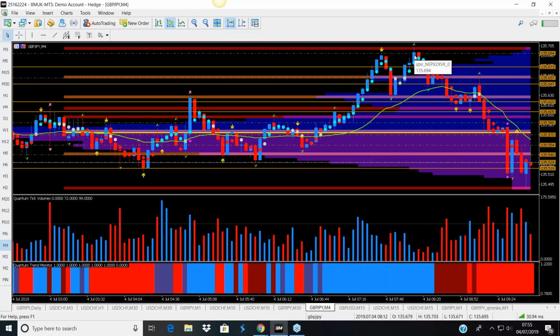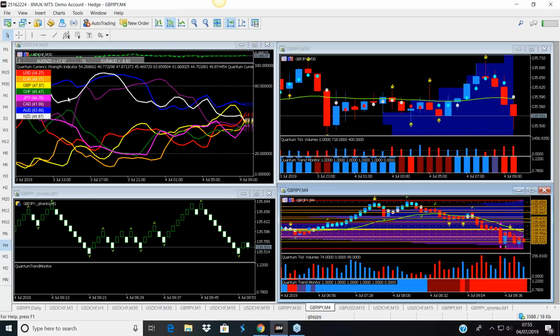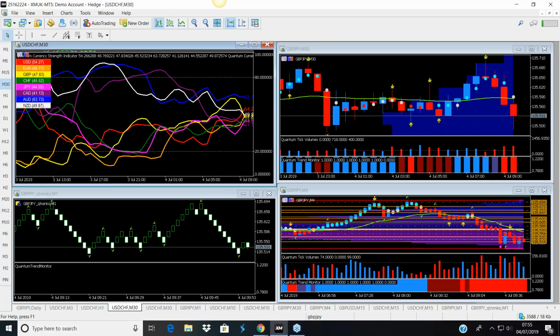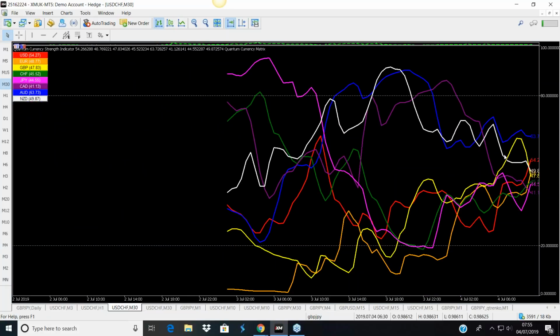Volume price analysis is candles and candle patterns, but it was also signaled on the CSI and the matrix, because this pair was driven, as I said, back on the CSI, by some really nice pound buying, and then we had the reversal within the CSI here.